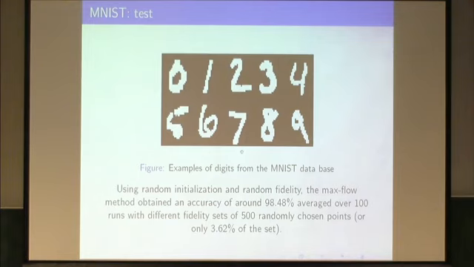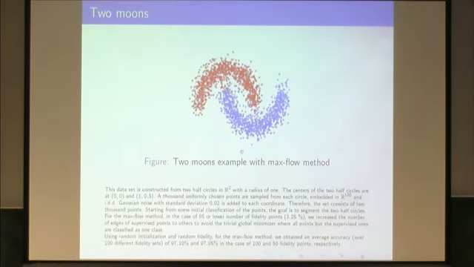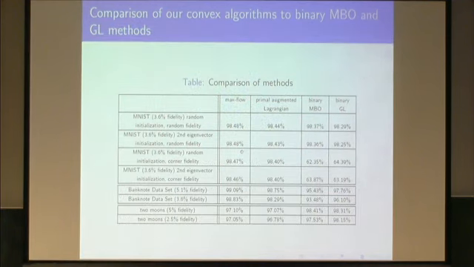So we have been testing this algorithm on this handwriting data. Also, we tested on the banknote data. Those are the standard benchmark tests. We tested on the two moons one. So here, you see different configurations. Here is how many points are pre-classified. When you start the algorithm, you can start randomly.